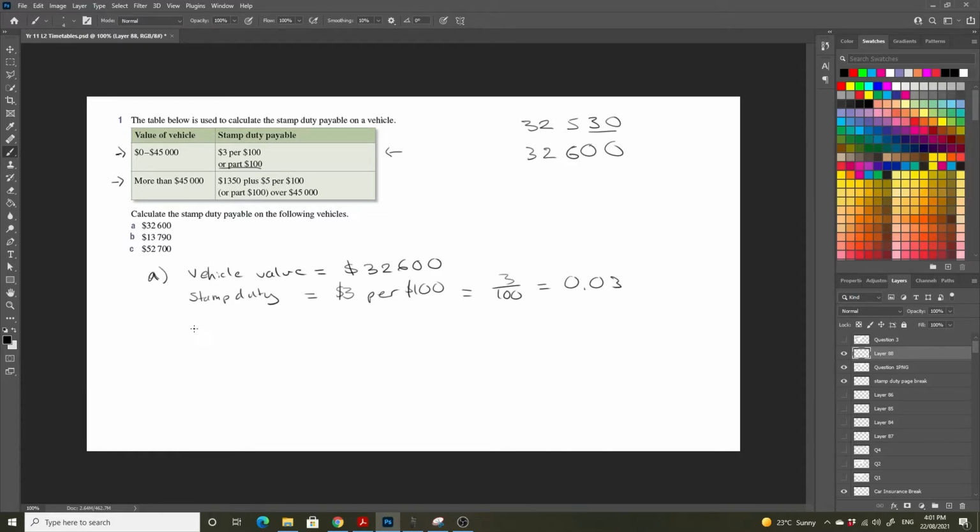The next thing we need to do is multiply the initial value of the vehicle by our decimal or fraction for stamp duty.